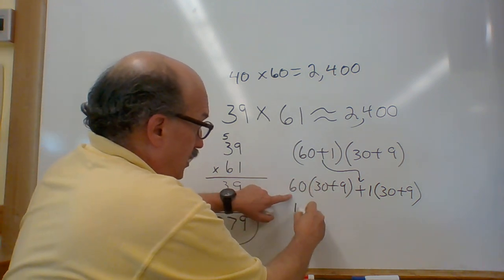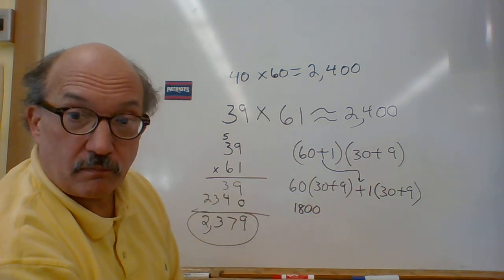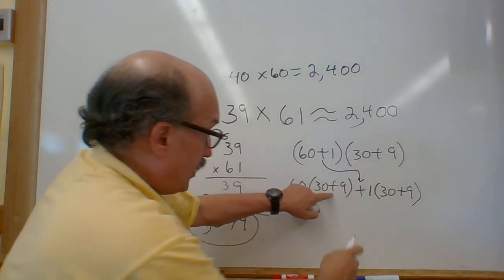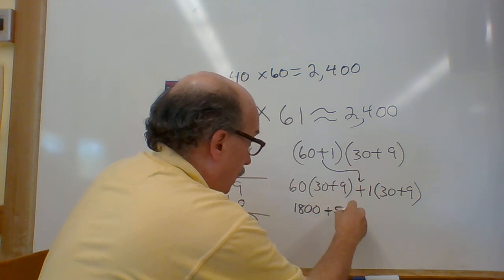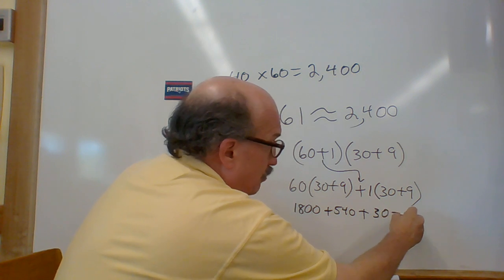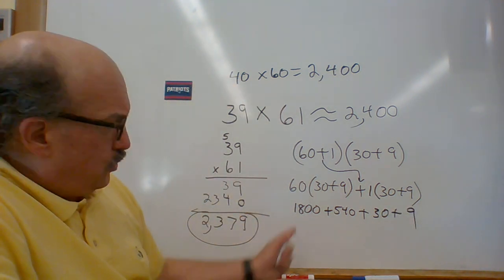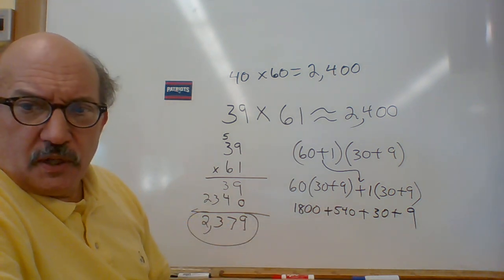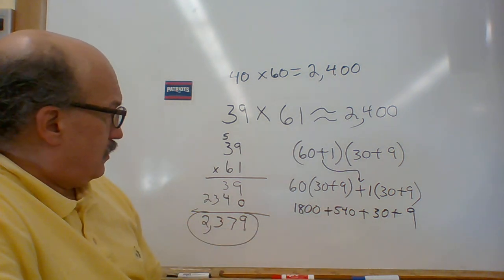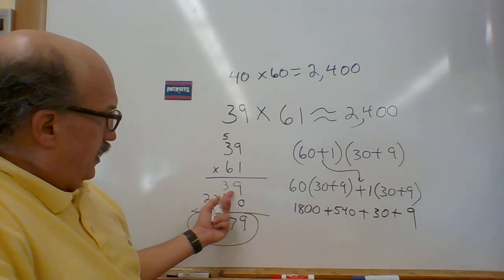So now we have the distributive property 2 more times. 60 times 30 is 1,800. 60 times 9, 540, with that plus sign in between. And then plus 1 times 30 is 30, plus 1 times 9 is 9. So once again, do we have to add those 4 numbers together? We do not. They're right over here. Look at that 39.